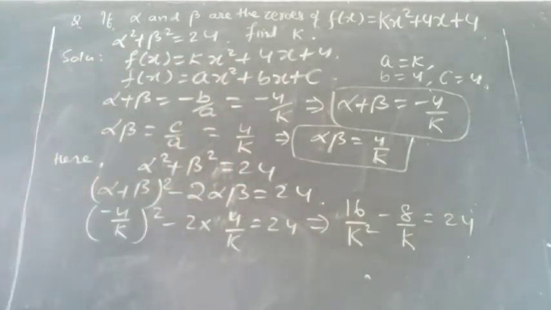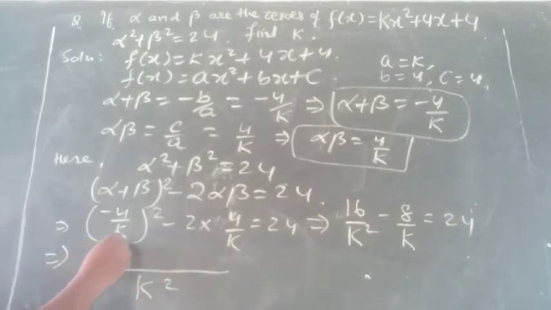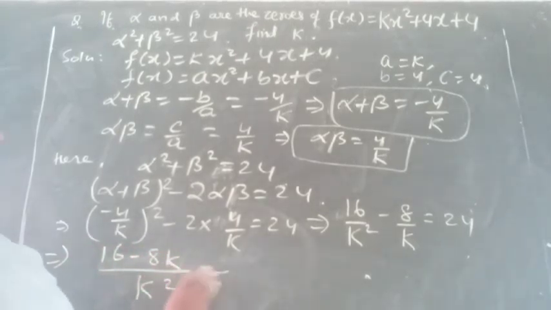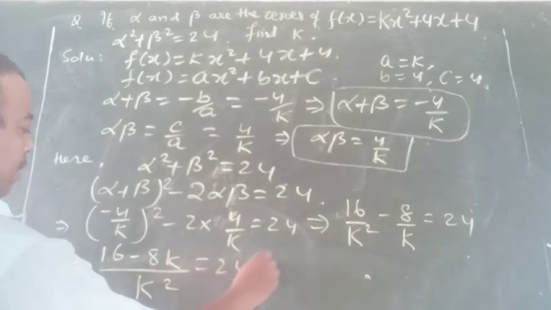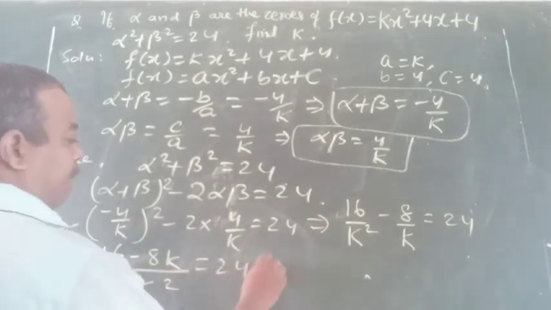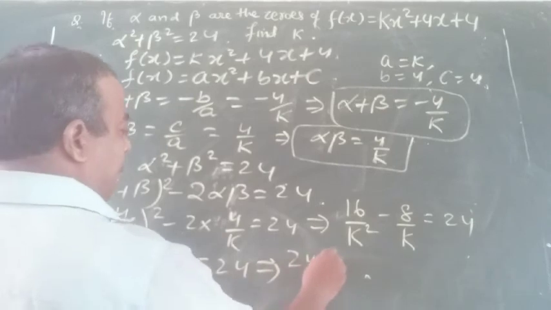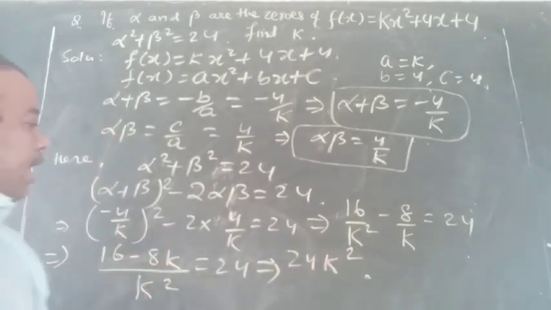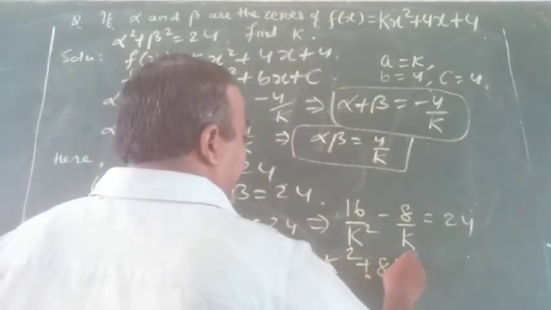Taking the LCM, k square, 16 minus 8k equal to 24. So it will be 24k square, it will go that side, plus 8k minus 16 equal to 0.